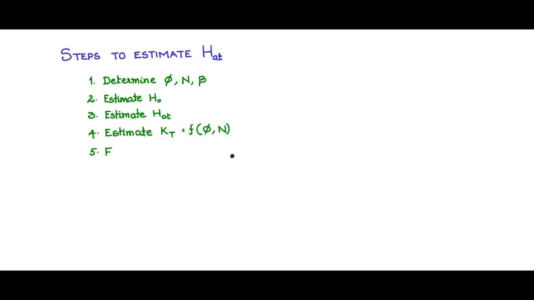Next, estimate or find out RD, the tilt factor for direct radiation, which is HOT by H naught. We have this and we can find this. Then estimate RT, which is the overall tilt factor, including the direct, diffused and the reflected radiation.